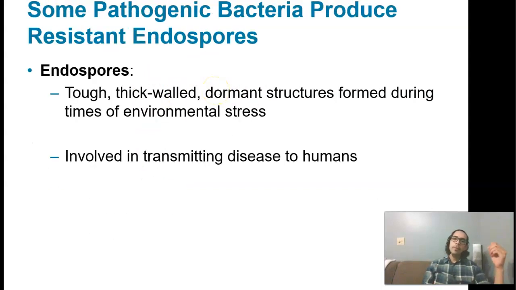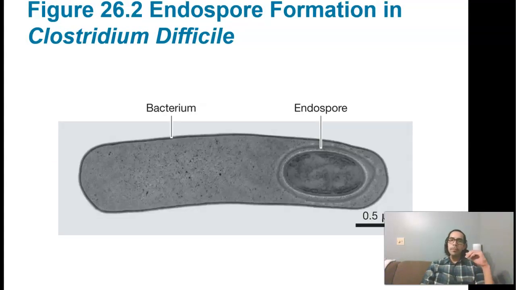Some pathogenic bacteria produce resistant endospores. An endospore is a tough, thick-walled, dormant structure that's formed during times of environmental stress. In this form, the endospore is within the bacterial cell, but it has a copy of the cell's DNA, RNA, proteins, and enzymes.